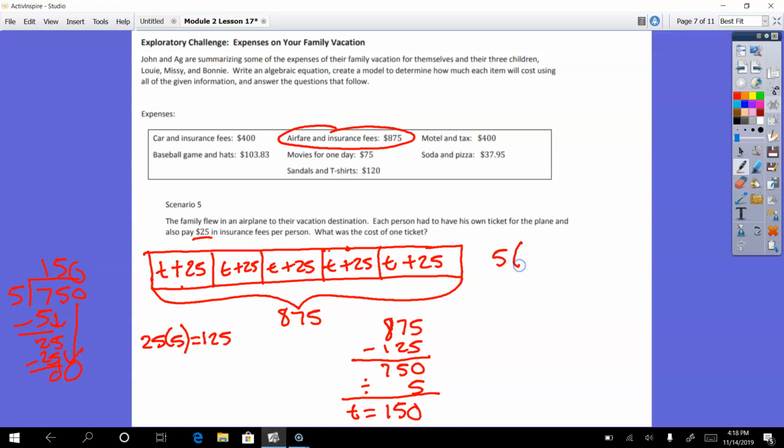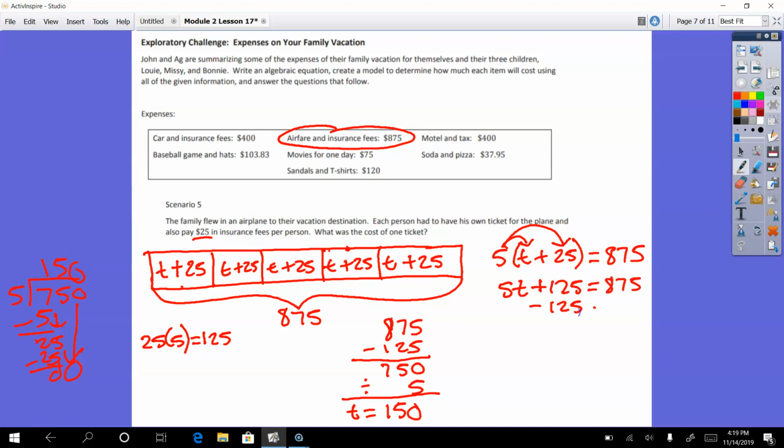So let's practice some more doing it this way. Okay, so 5 times t is 5t. 5 times 25 is 125 equals 875.